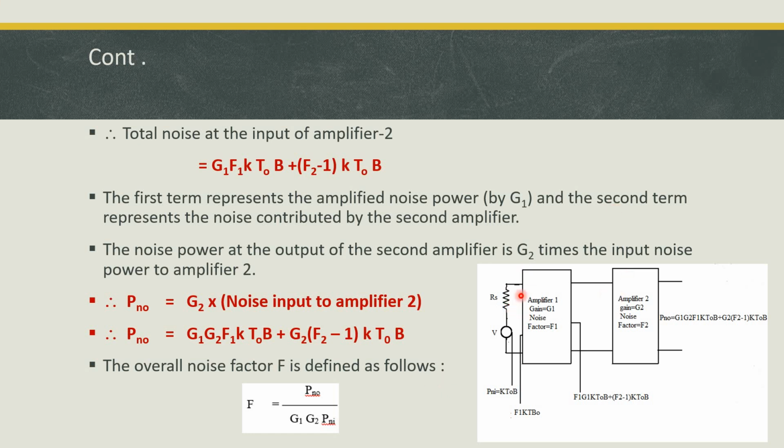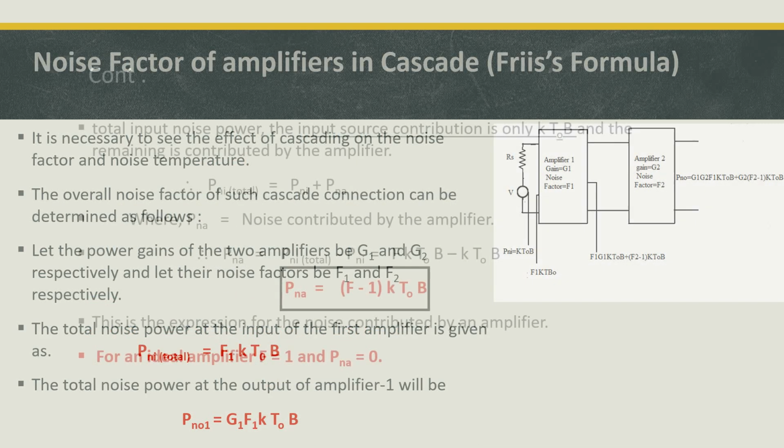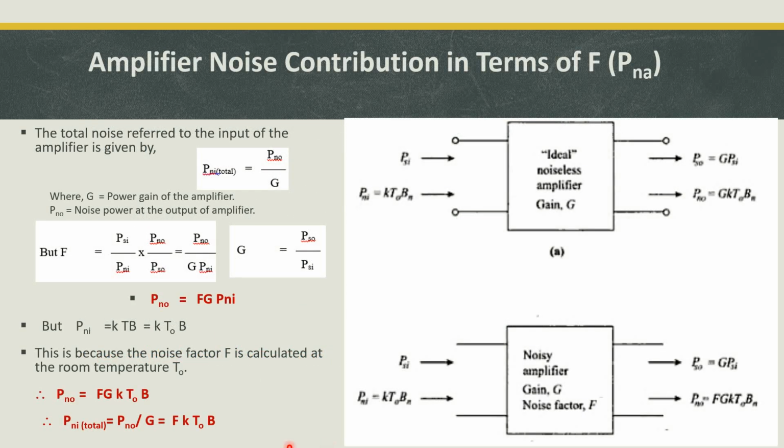As per this particular block diagram, two amplifiers are available. So that's why the noise factor equation is total output divided by G1 G2 multiplying with Pni. This formula we are already familiar with from the previous derivation. Pn0 divided by G, because there only one amplifier is there; the total input noise is equal to total output divided by gain factor.